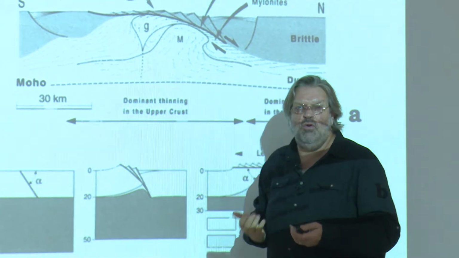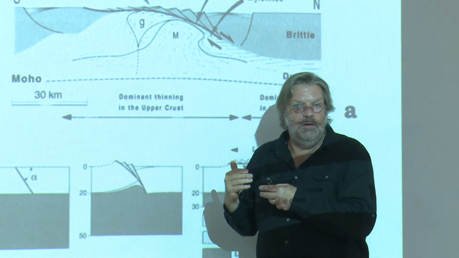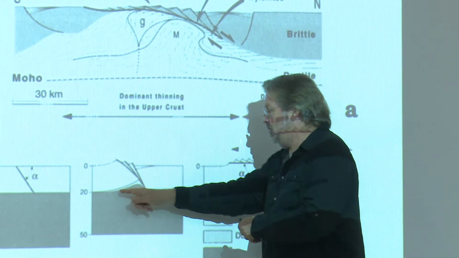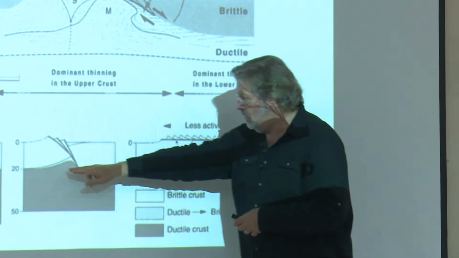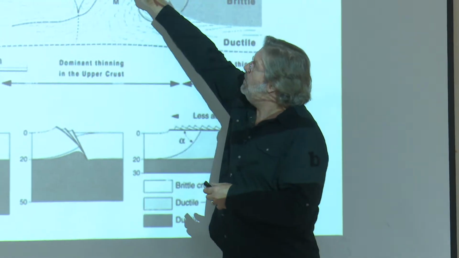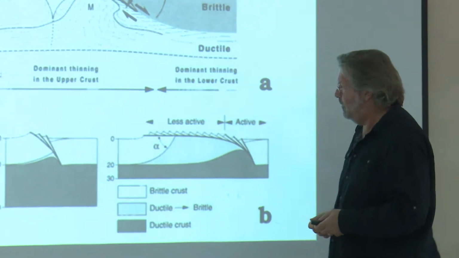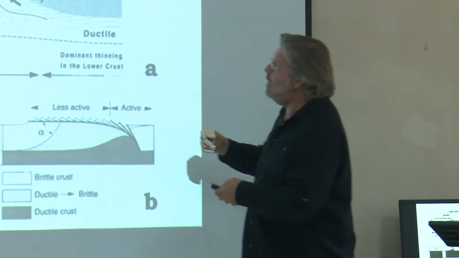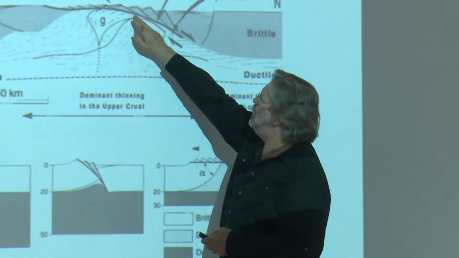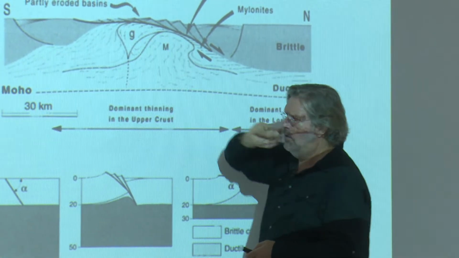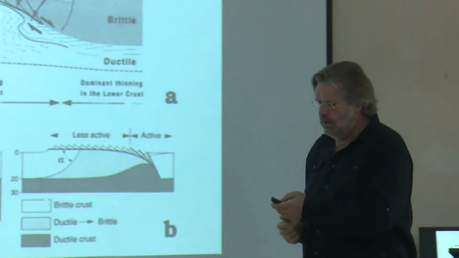It's not really a dome, that's an antiform. So it explains the antiform shape, but not really the dome in 3D. But it's a way to connect the detachment with the structures that are underneath.